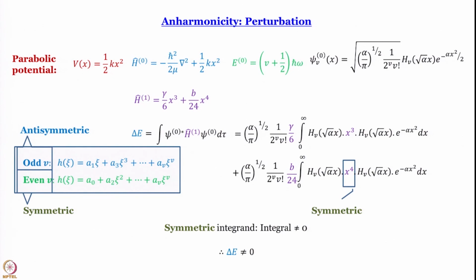So, in the expression of energy it comes as the next term in the polynomial. You might remember that for the harmonic oscillator this is the expression for energy. The correction term for energy turns out to be something in (v plus half) whole square. Okay. So, that is how we describe an anharmonic oscillator, that is how we bring in anharmonicity as a perturbation.